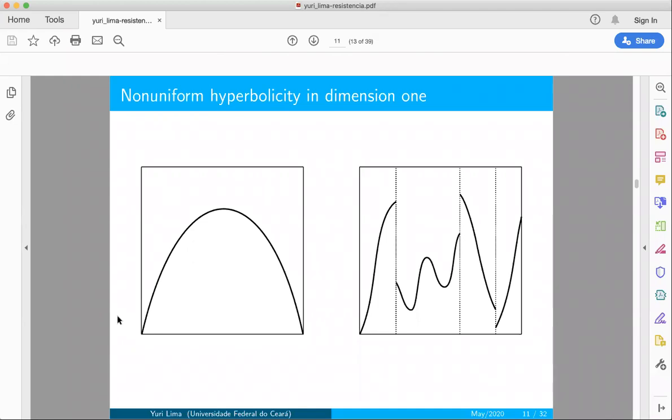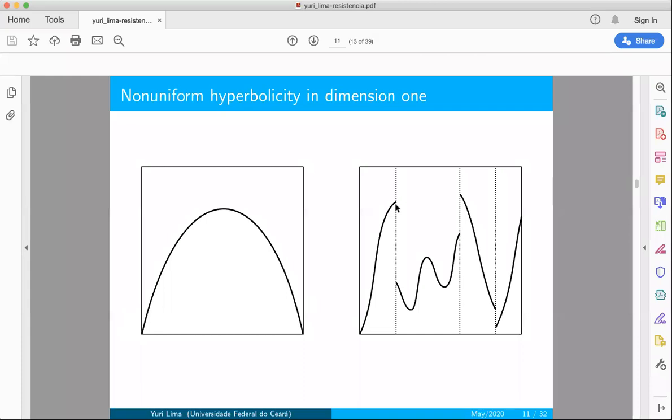So what Jakobson showed is that for a positive set of parameters, there is an absolutely continuous invariant measure, which is non-uniformly hyperbolic. Well, the results cover these examples considered by Jakobson, but they also cover situations in which you can have discontinuities for the map, as long as these discontinuities happen in a polynomial-like way.